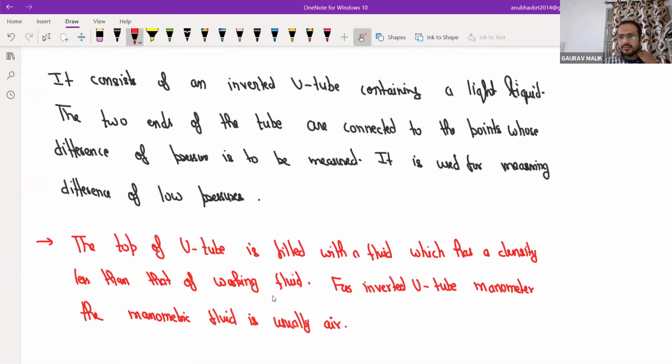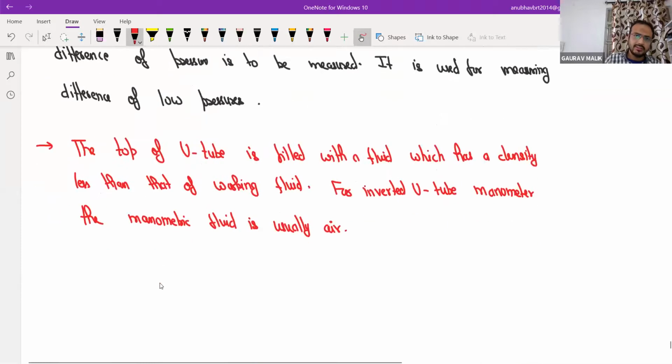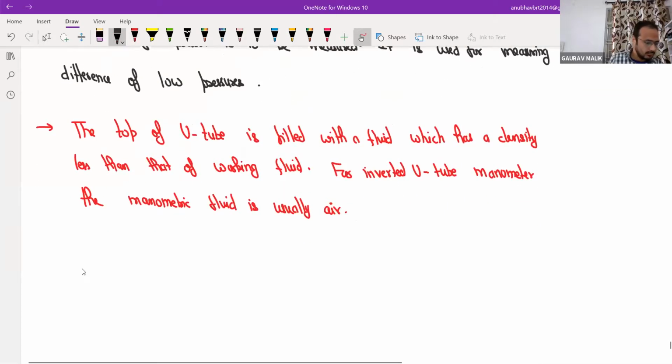Then again, you use the same concept. Px is equal to Py, otherwise you will get confused. Then from this point, you are going in the upward direction, it means negative. So we will write that H1, H2, all these things you already know.